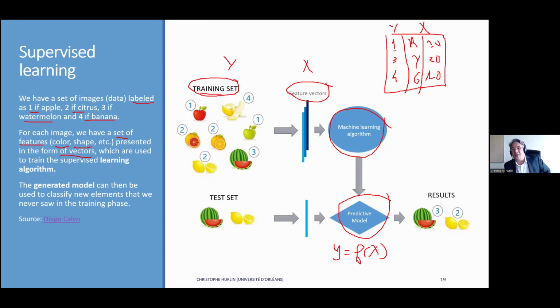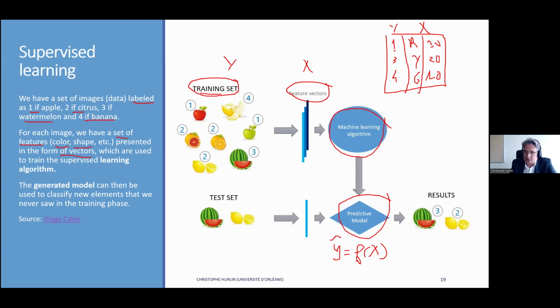Do you have an equation for this model? No. Do you have a graphical representation of this model? No. This is a kind of implicit model. If I enter an X vector, then I will obtain a forecast Y hat.